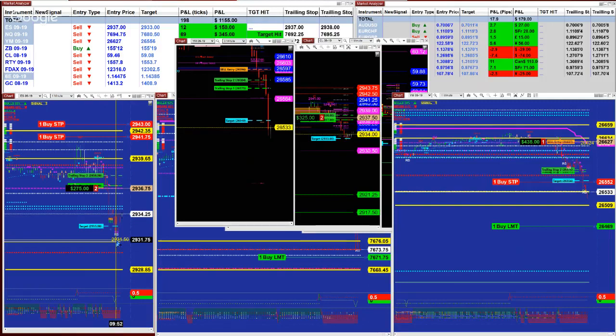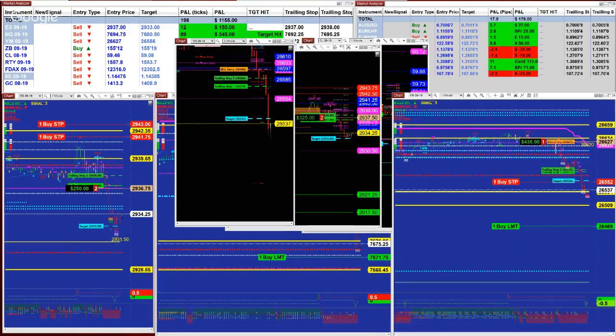This is a pullback re-entry, so be careful on that trade, and you need to consider exiting out of that trade. That will get you to $250 on that trade. So we are doing okay.